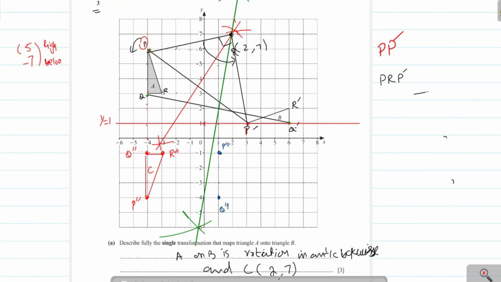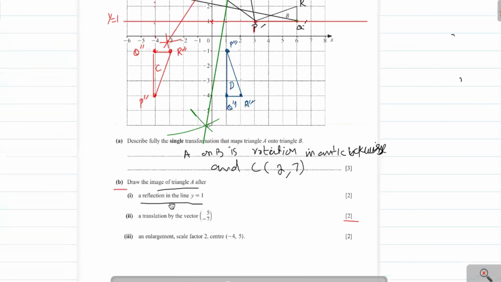And next is the last point R. We move the 5 unit, 1, 2, 3, 4, 5, and then 7 unit, 1, 2, 3, 4, 5, 6, 7, and this is R triple dash. Now we join all these points. We get the image of A by translation vector 5, minus 7. Now this is the image. Now we name it as T.